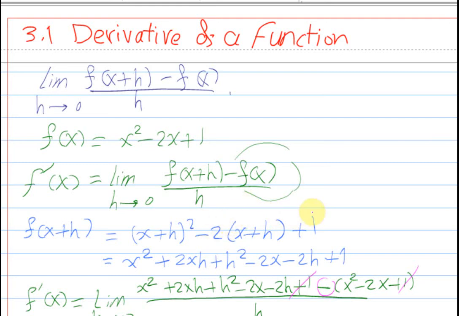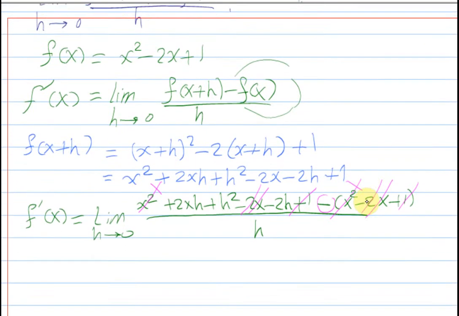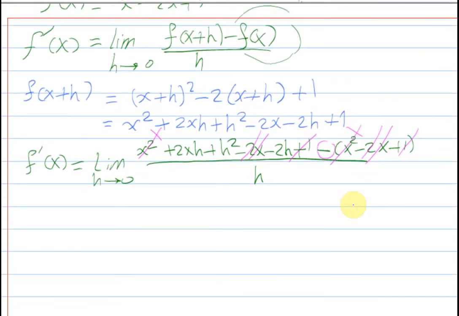Minus 2x will be cancelled with minus 2x because this is not minus, it's a plus because of this negative sign. X squared, which is actually minus x squared, will be cancelled with this x squared. So what is left in our problem? Only elements which have h are here, others disappear. So we come to this result.